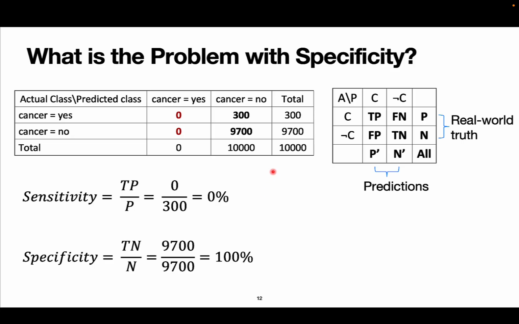In this example, let's just create a test that always says no. It's going to have a perfect specificity, but it's going to do very badly in sensitivity. When we use sensitivity and specificity, we need to look at the two numbers together to make good sense of how the model is performing.